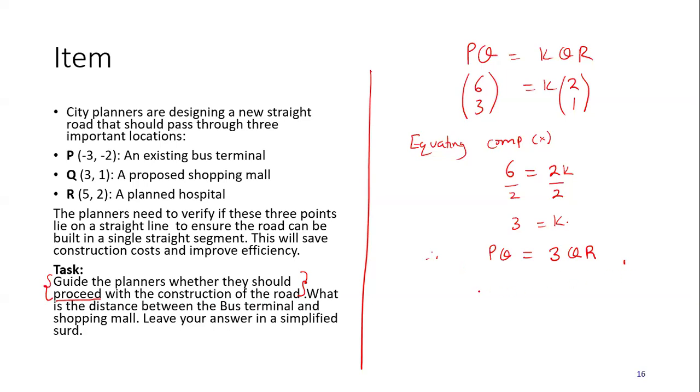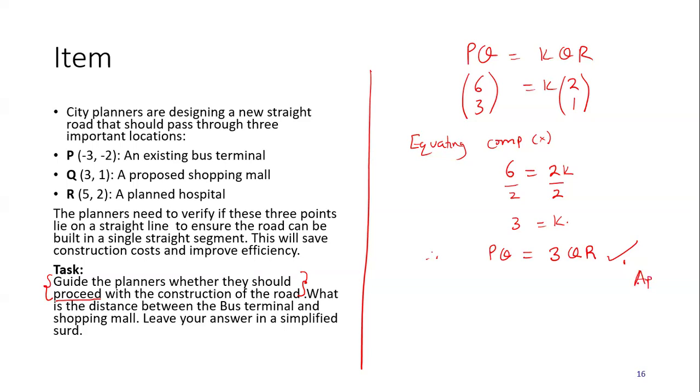And that is the one that is going to earn you a mark. They will give you a mark for proving that they lie along a straight line, but they will give you another mark for the conclusion.